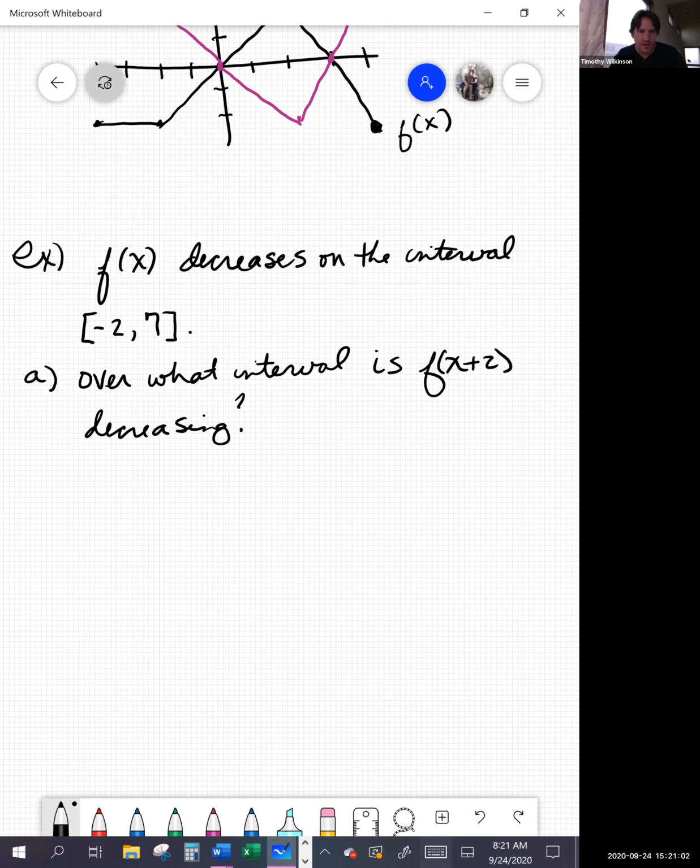So if I did that, I have something like this. And so now it's decreasing on the x values starting at -4 and going to 5.